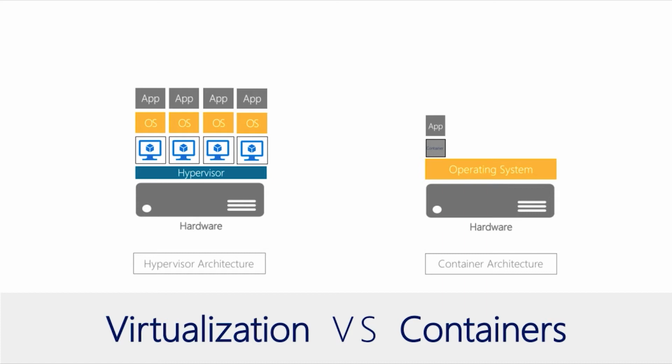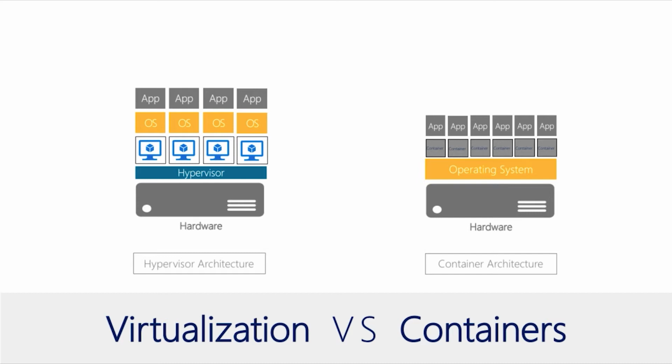Now, think of it this way. Given the storage requirements of containers, you can run as many containers as you possibly can, given the same amount of storage resources. In contrast, with hypervisors, you have to worry about the operating system, the storage requirement for that, plus the storage requirement for the application itself.